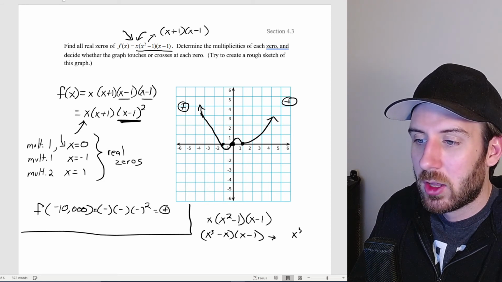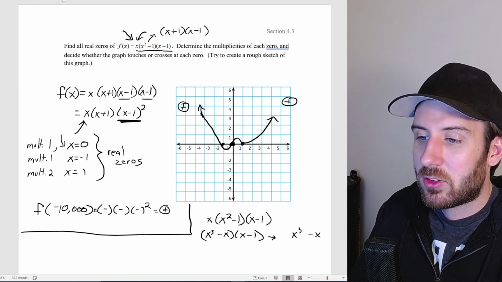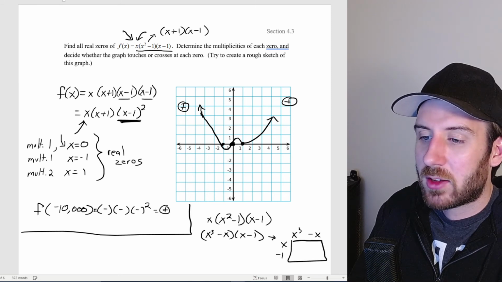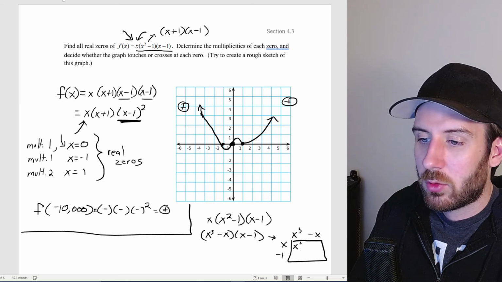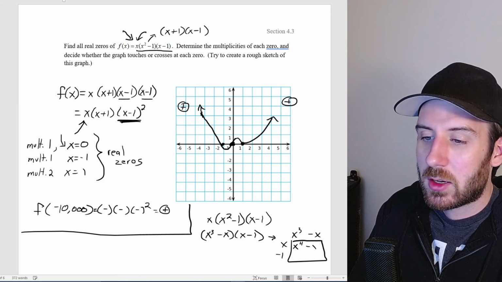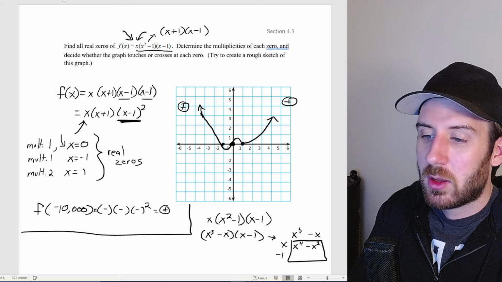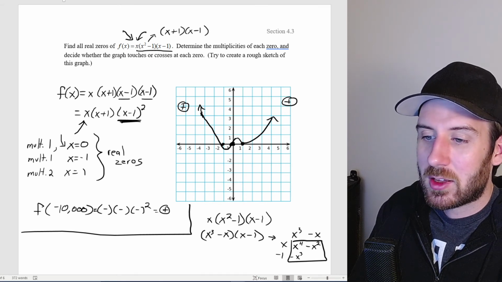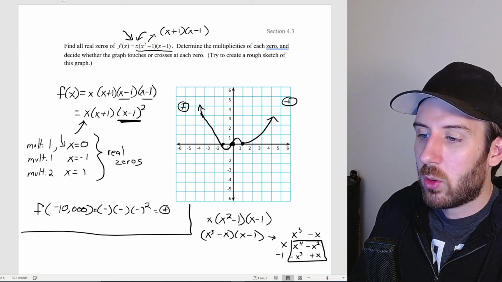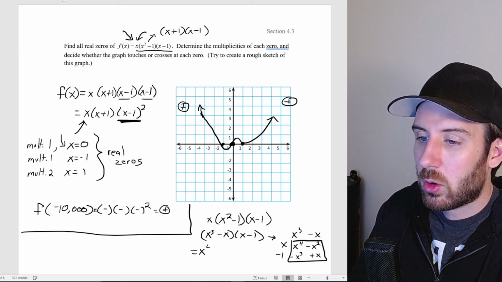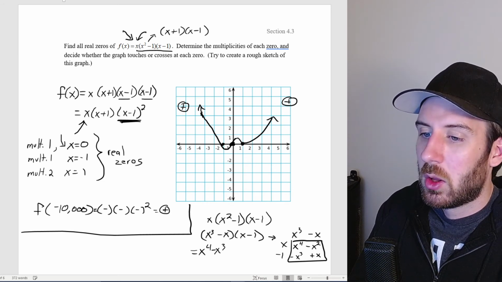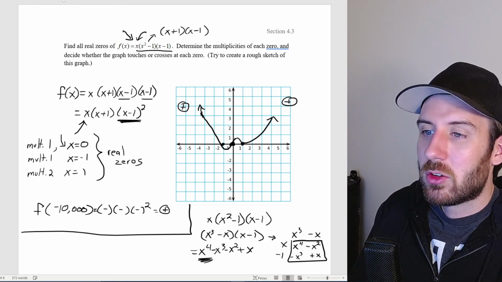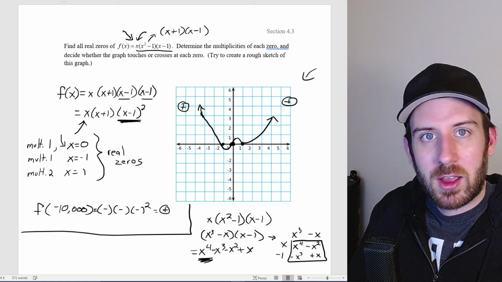I've got x cubed minus an x times an x minus 1. x times x to the third gets me x to the fourth. x times negative x gets me a negative x squared. x cubed times negative 1 gets me a negative x cubed, and a negative x times a negative 1 gets me a positive x. So all in all, this should get me x to the fourth minus x cubed minus x squared plus x, and my leading degree is even, just like I figured it was going to be from the graph.